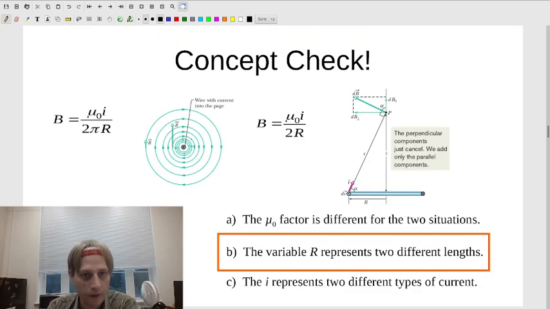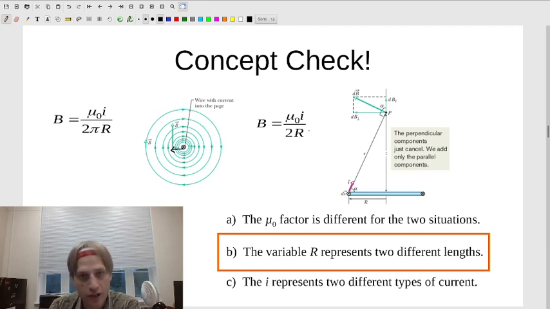Let's take a look. In the first equation, if we have a long line of current, the R is representing a distance away from the line, and it can take on different values, and we can get different values of B at different distances from the wire.